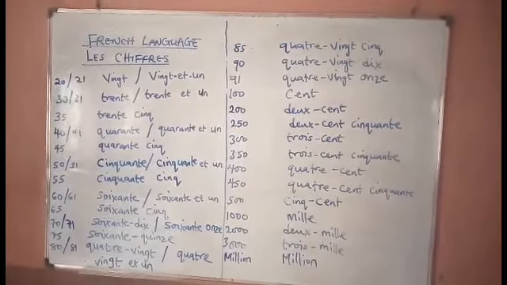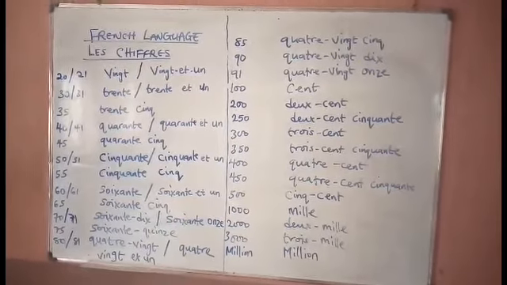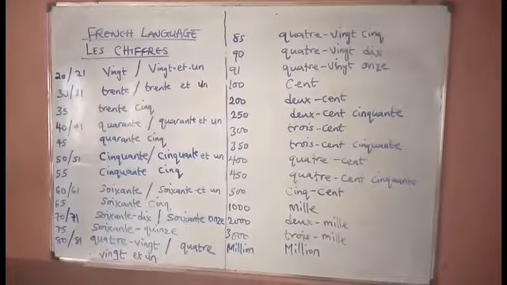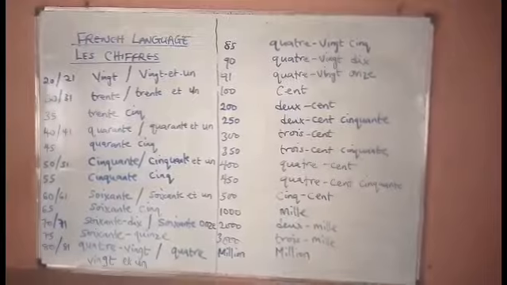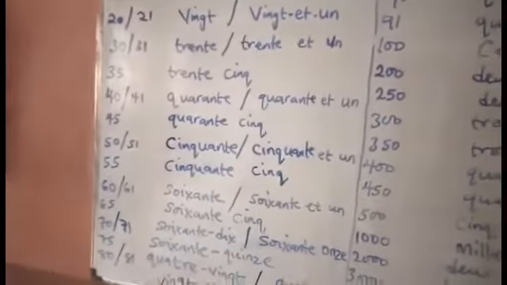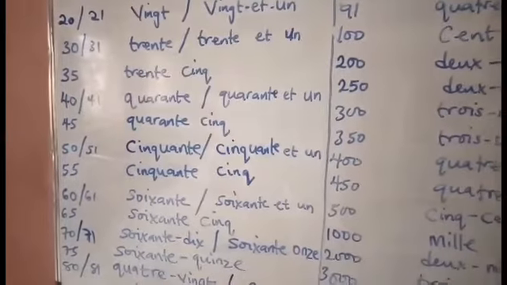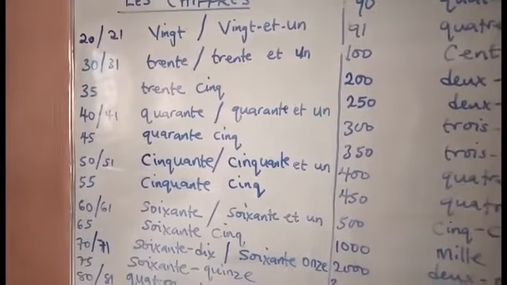And we have 30 on the board. 31 is 31, and it runs 31, 32, 33, 34, 35, and it runs that way till 40.